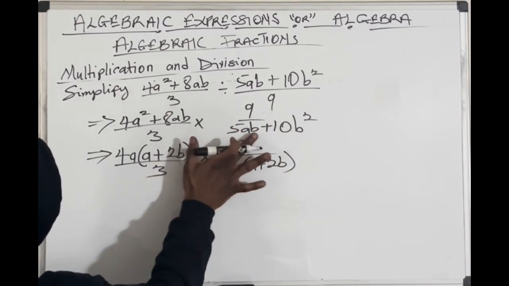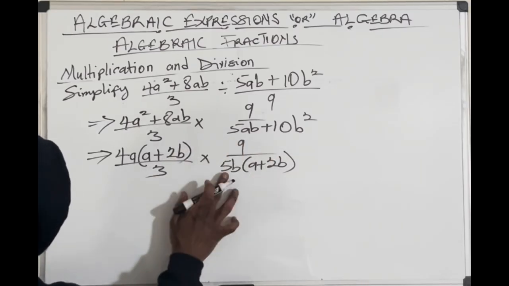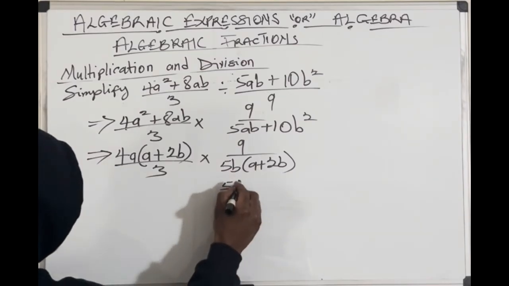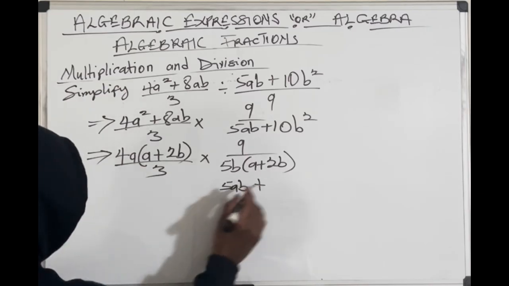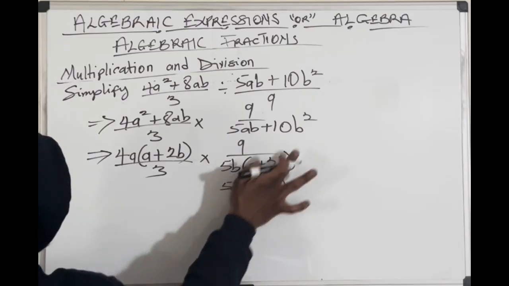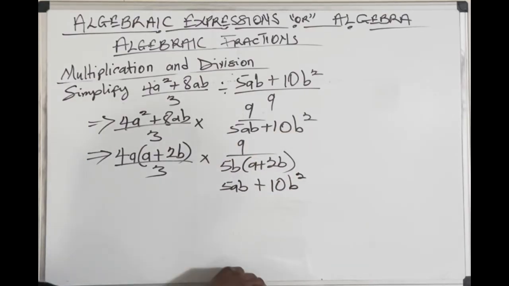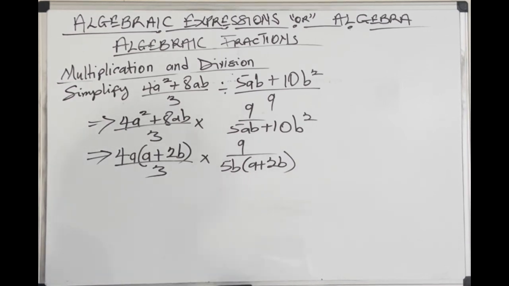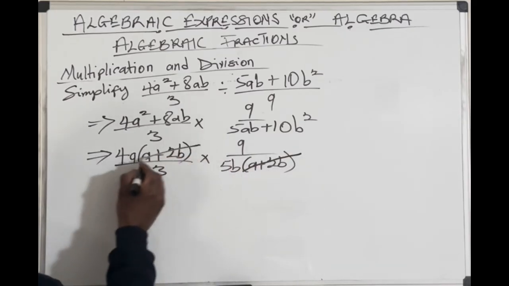We have 5ab, so we bring 5b out so that when we multiply 5b times a, we get 5ab, which is equal to this. Then plus 5 times 2 is 10, b times b, b squared. So a plus 2b, a plus 2b, it will cancel.